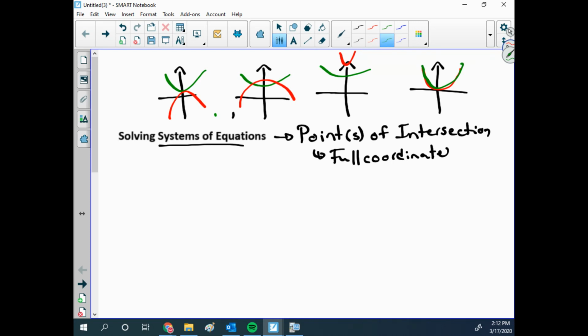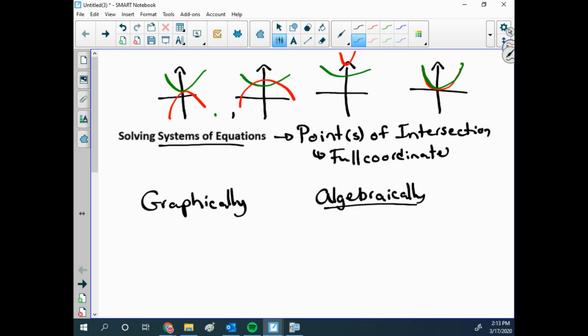We have a variety of strategies that we can utilize to determine the point of intersection. Two different ways: graphically and algebraically. Graphically is just as it seems.